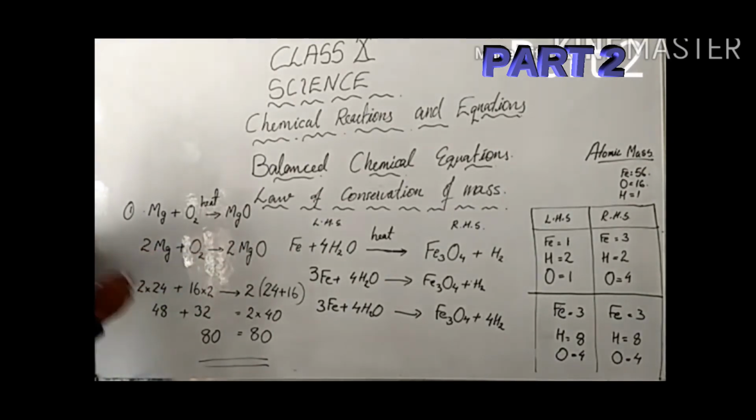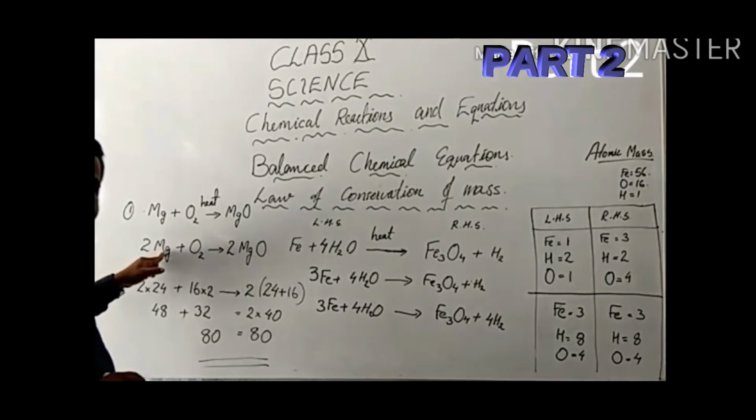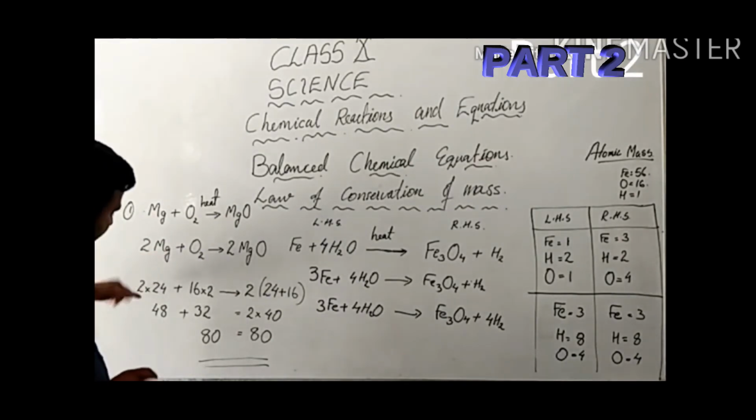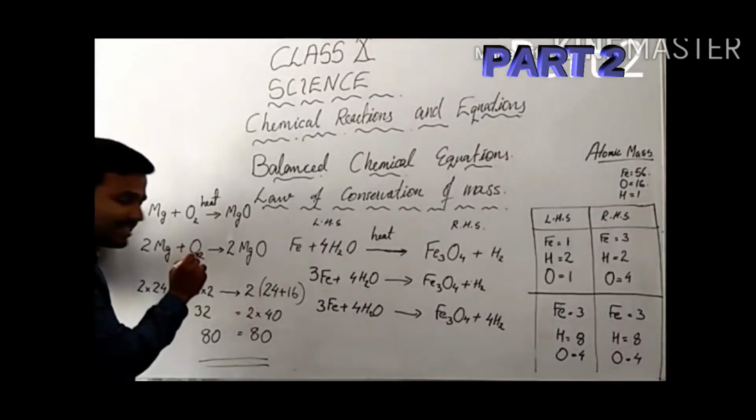What is the atomic mass of magnesium? The atomic mass of magnesium is 24. That's why I am writing 24 here. We are multiplying with 2 because there are 2 atoms of magnesium. So 2 into 24, you will get 48. The atomic mass of oxygen is 16.